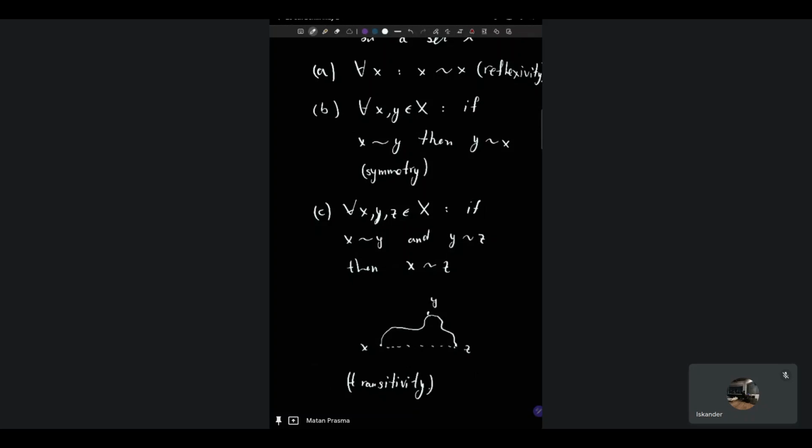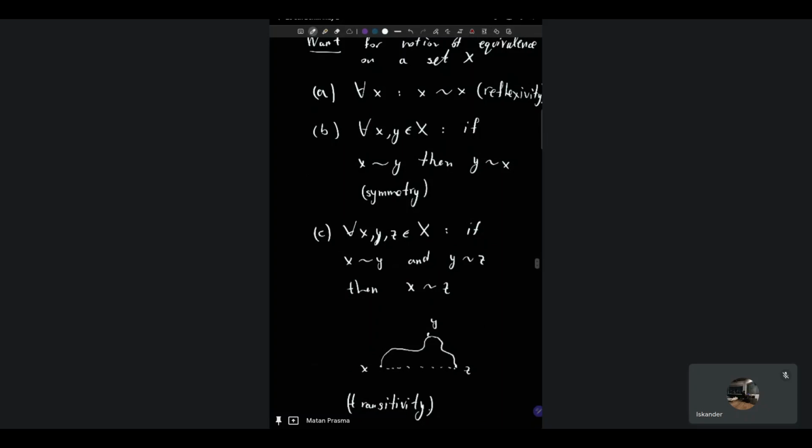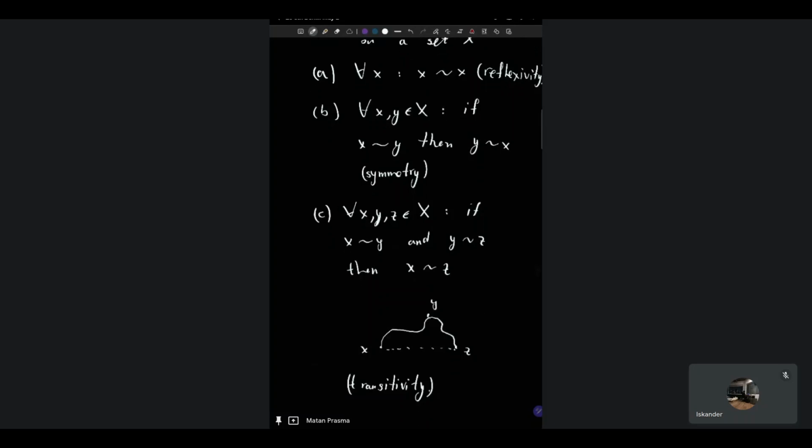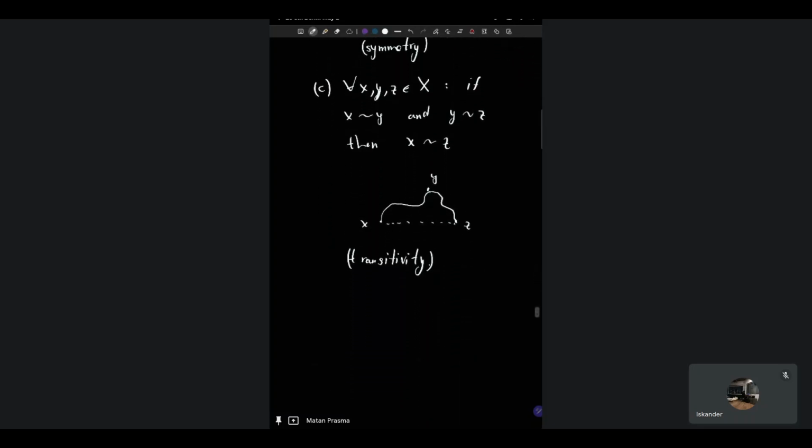The whole three properties, I guess you could say, are what intuitively we want from an identification relation on a set. And so to be slightly more formal, let X be a set.